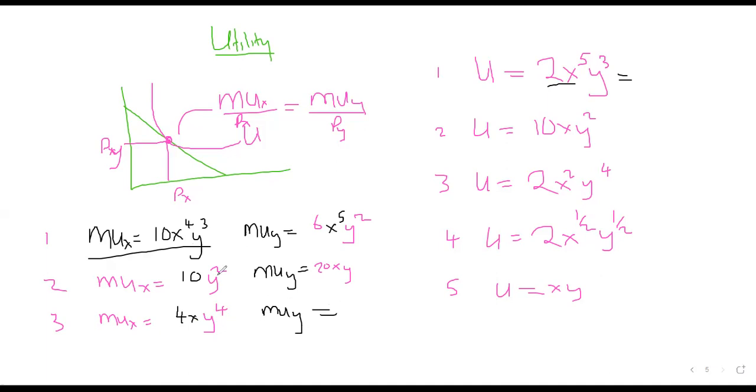Which one is our dummy? x^2. What are we remaining with? 2y^4, which is 8y^3. Number 4, when we differentiate that, what is our dummy?